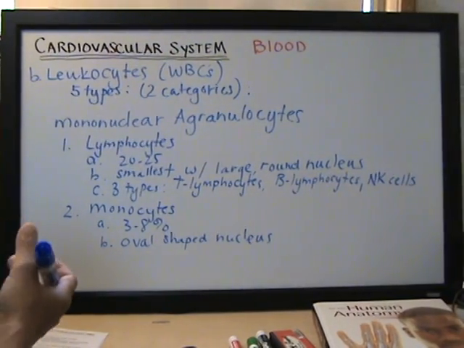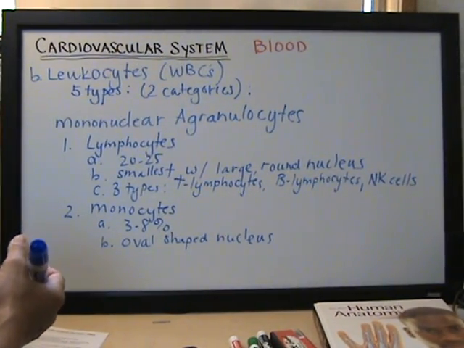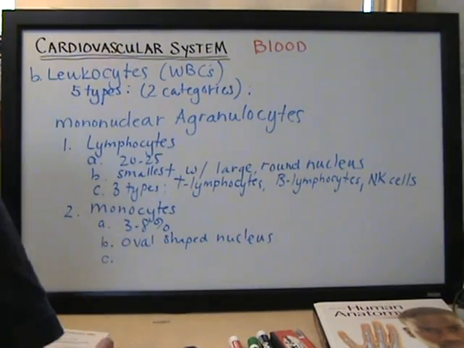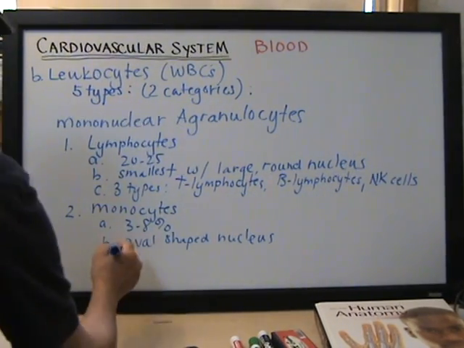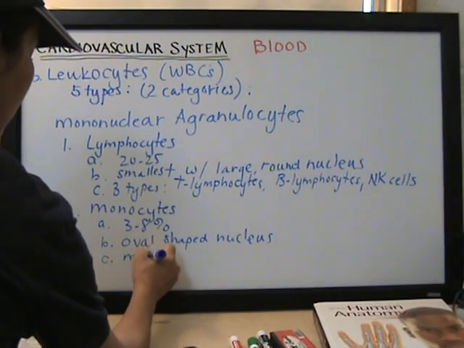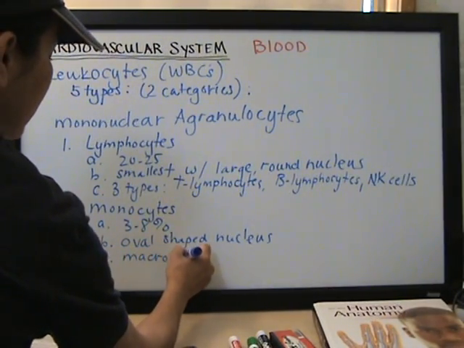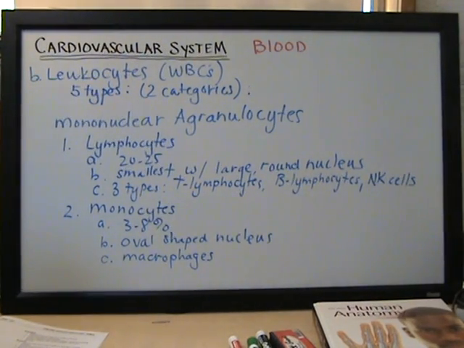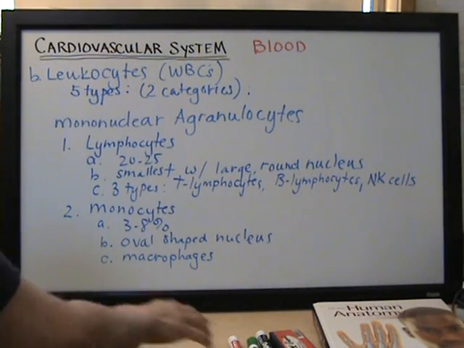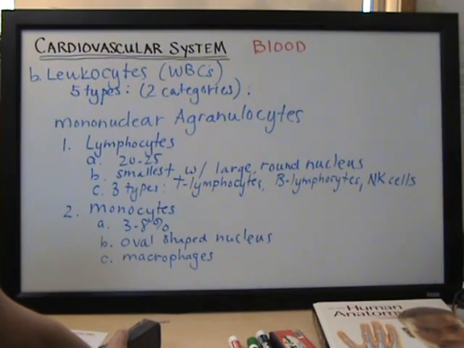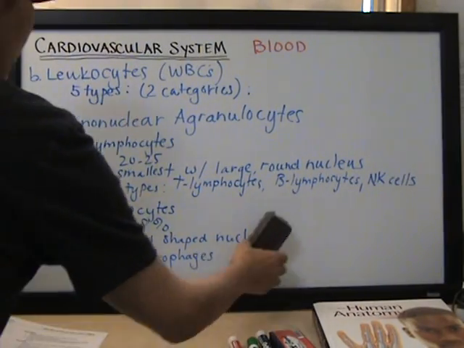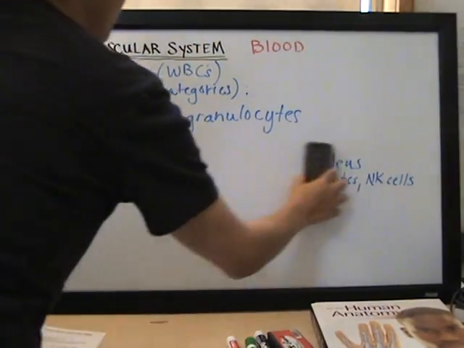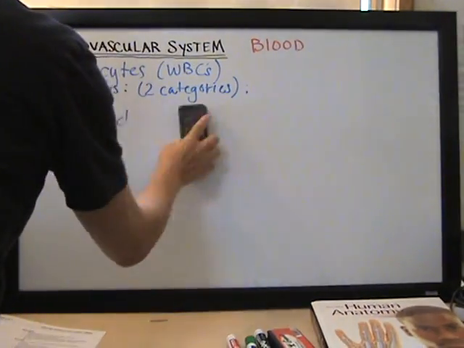The monocytes are very large and important in immunity or defense of the body. They mature into macrophages. Macrophages are big eaters, phagocytes, and they develop from monocytes.